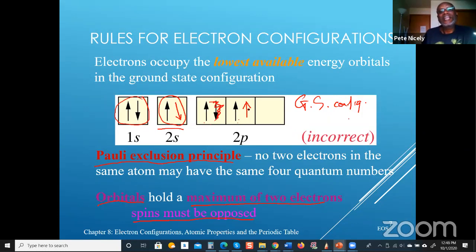So you won't have this situation where 2 electrons are occupying the same orbital and spinning in the same direction. That's just a short summary of the reason why. It's more complicated, but that's basically why you can't have 2 electrons occupying the same orbital and spinning in the same direction. All right, so that's basically the Pauli exclusion principle.